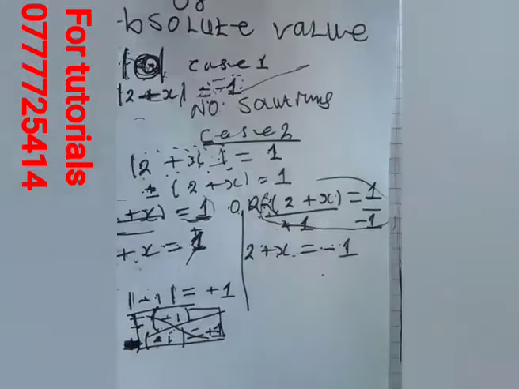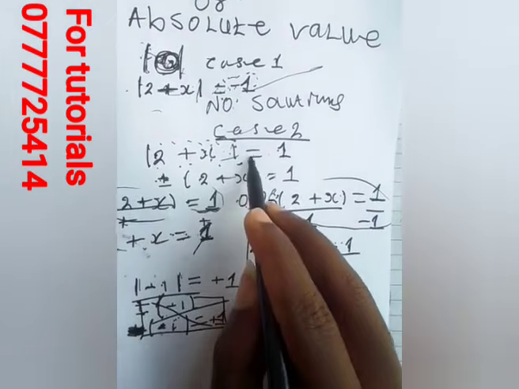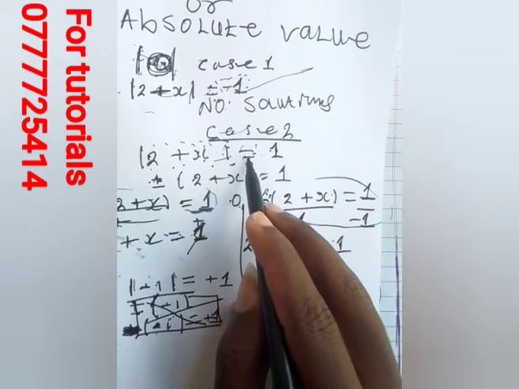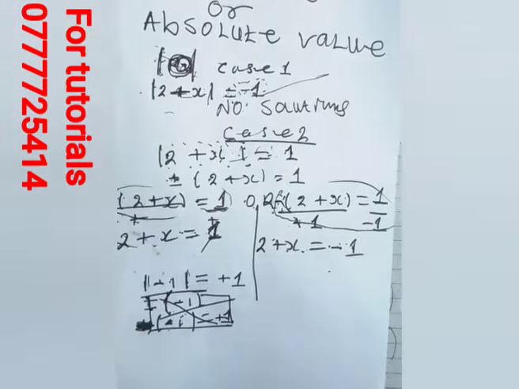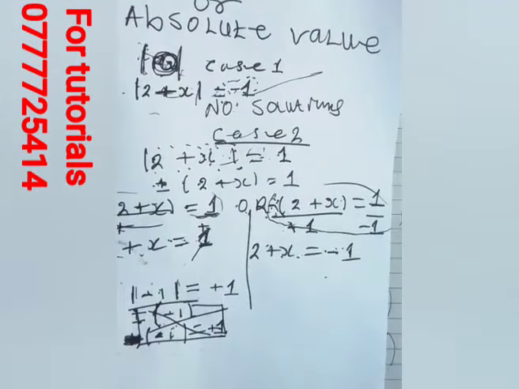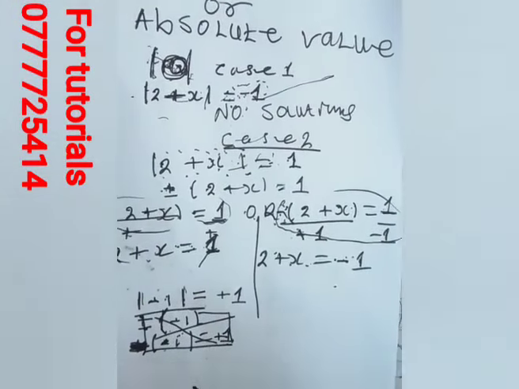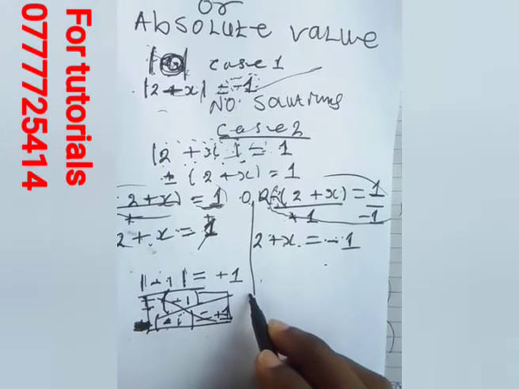Okay, and then the other concept is whereby now instead of having equal signs here, they might put signs like less than or greater than. So I'll use the same 2 plus x as an example, but we are going to start solving. When we start solving, we apply the tutorial sheet questions. Alright, so let's say an example.